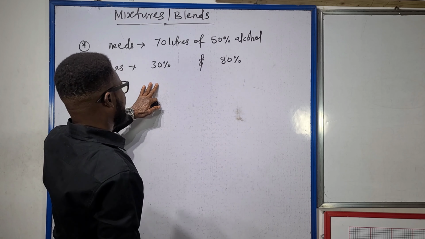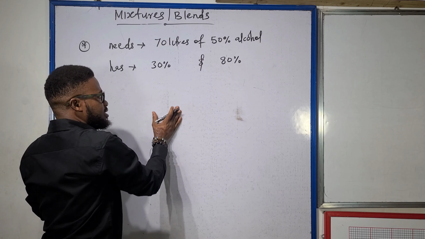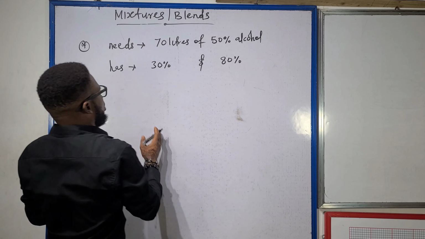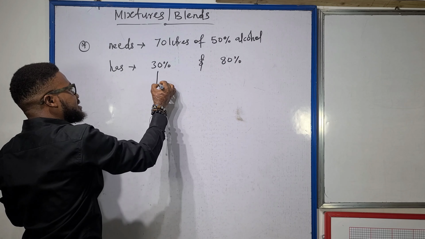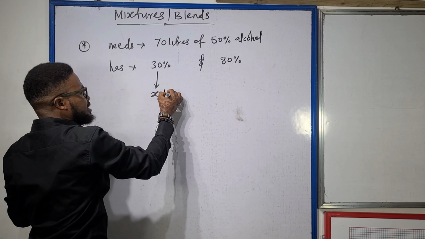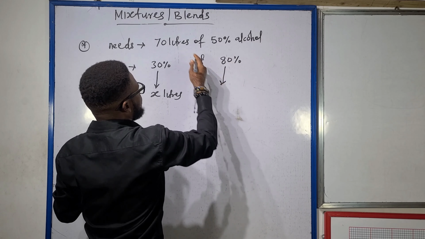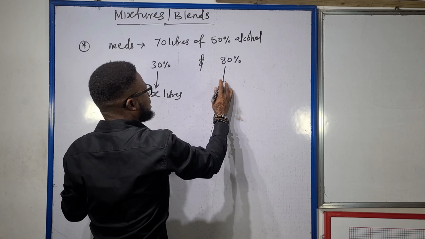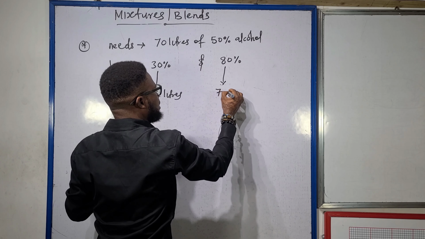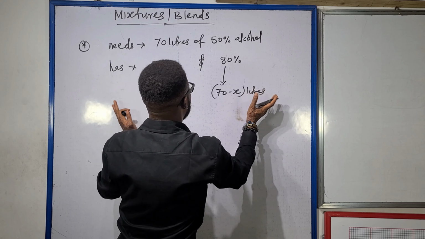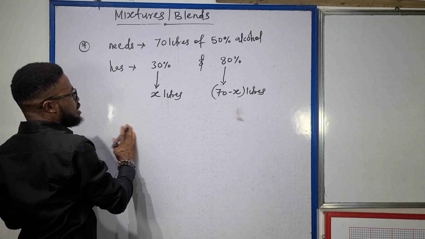So we've been asked, how many liters of this does he need to create this? So I'll say let this be x liters that he needs, and then this, since we are creating 70 liters, will be 70 minus x liters. That is what he needs to create.